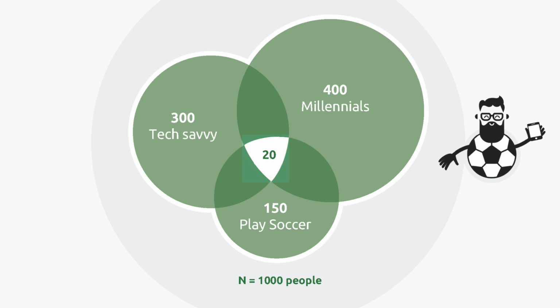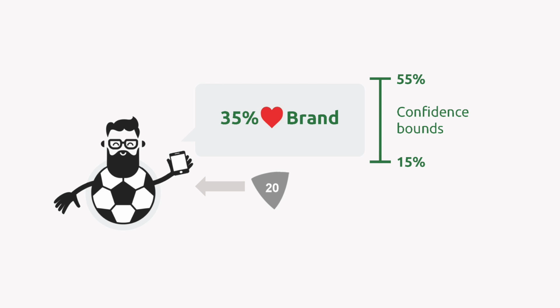So imagine you have 300 tech-savvy people, you have 400 millennials, and you have 150 people that play soccer. So you only have a group of about 20 that combines all these three attributes. This number of 20 gives you a 35% positive association with the brand.